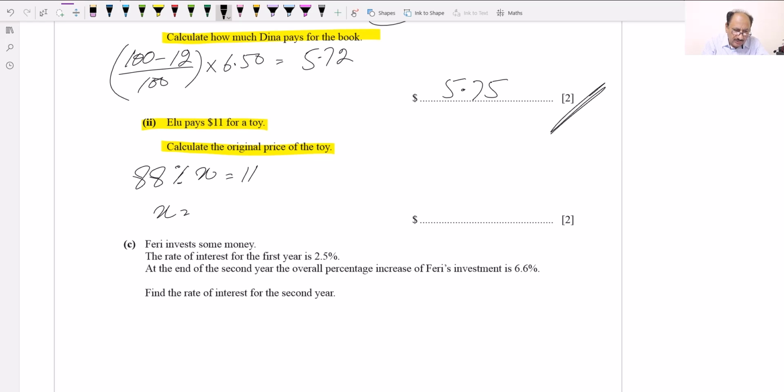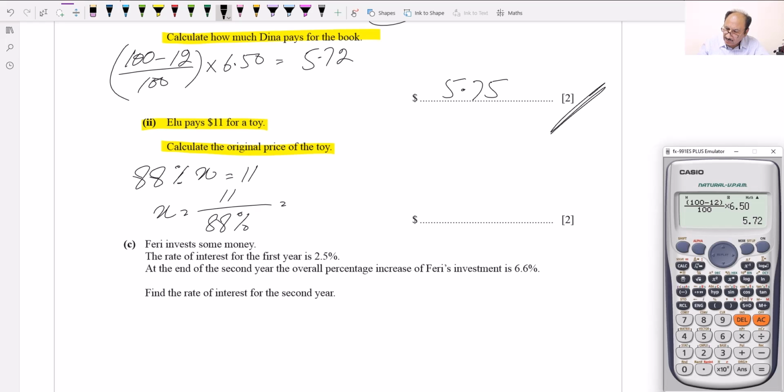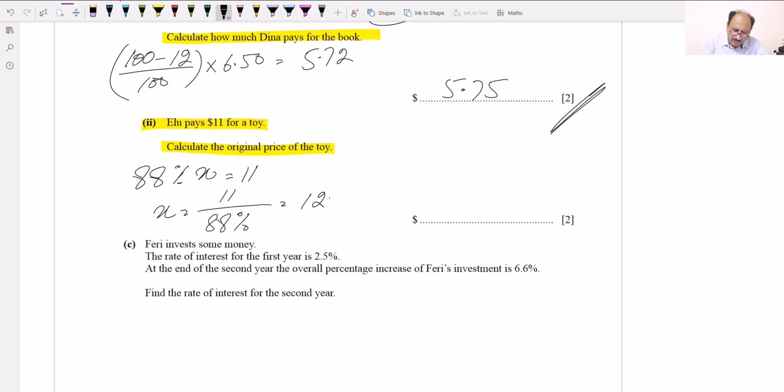So x will be equal to 11 over 88 percent, and you can use a calculator for this one. So it will be 11 over 88 percent, and this will be equal to 12.5. So $12.5 will be our final answer for 2 marks. Hopefully you understood this.